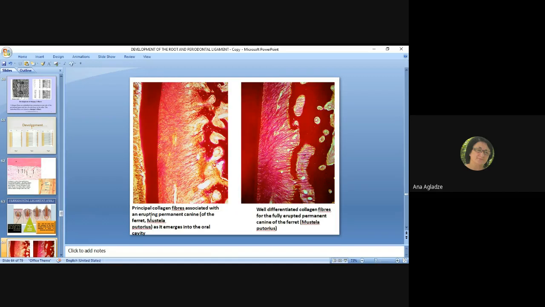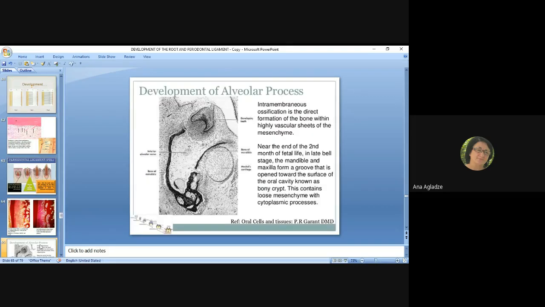And here you can see the principal collagen fibers which are associated with the erupting permanent canine, and it is not so prominent as here. This is well differentiated collagen fibers for a fully erupted permanent canine of the ferret.